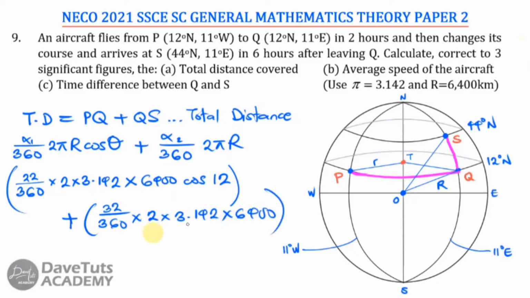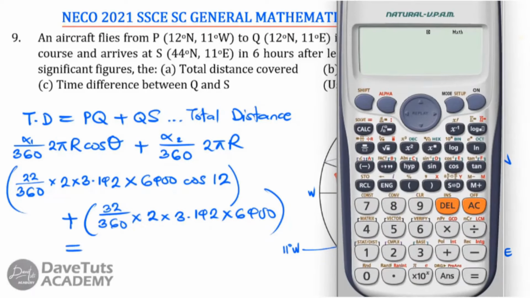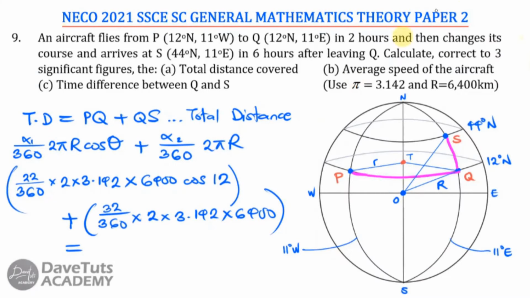We can make use of our calculator to get this. First, 22 divided by 360 multiplied by 2 times 3.142 multiplied by 6,400 cos 12. This is 2404.035, so we have 2404.035 as distance PQ.